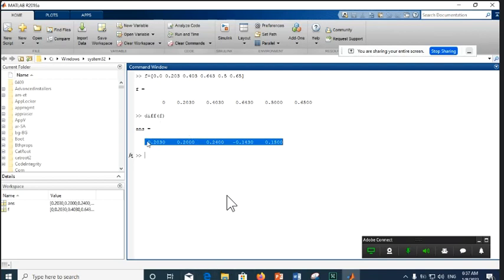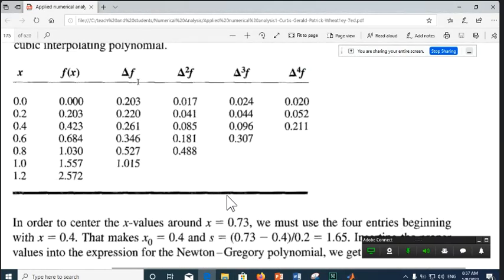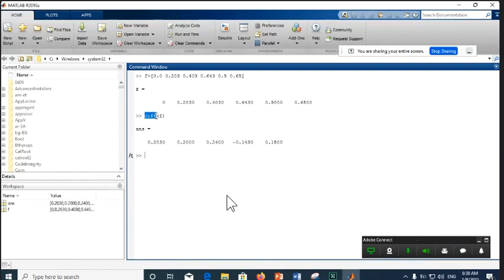This is the third column of this table, del F. If we want to compute the fourth column of this table, we can simply repeat this command, not for F, but for the computed value or answer. In MATLAB, the answer is ans. The answer is this vector.